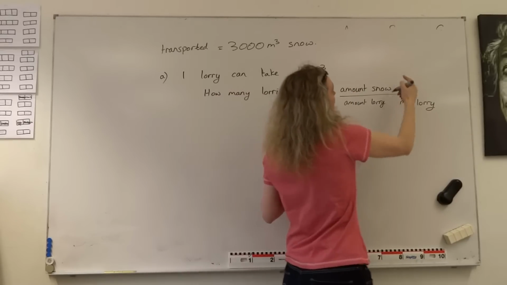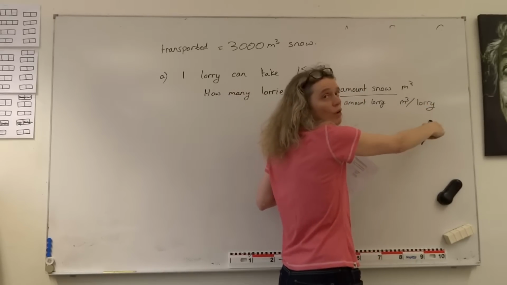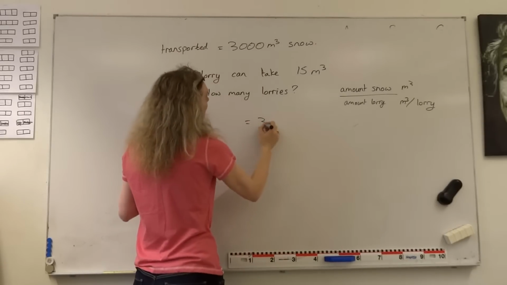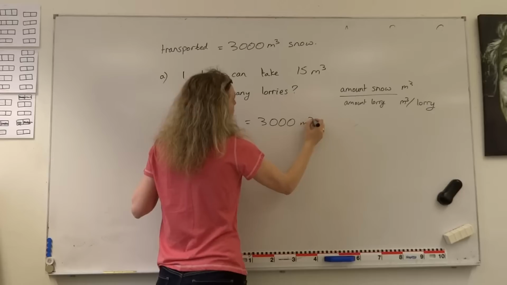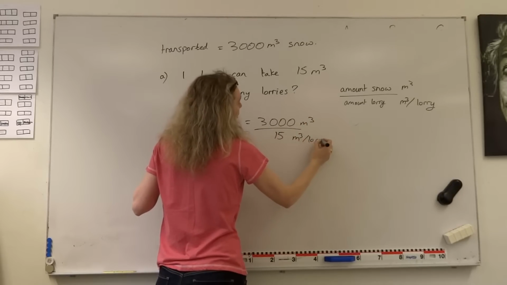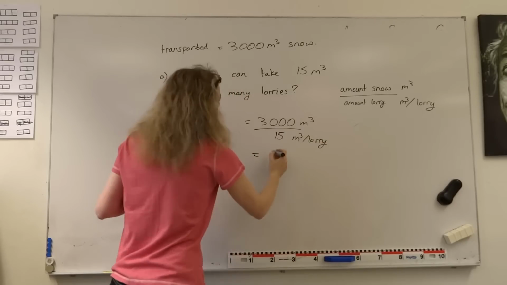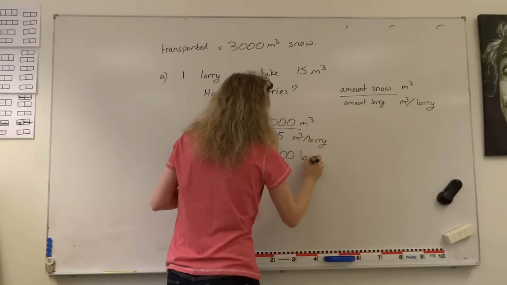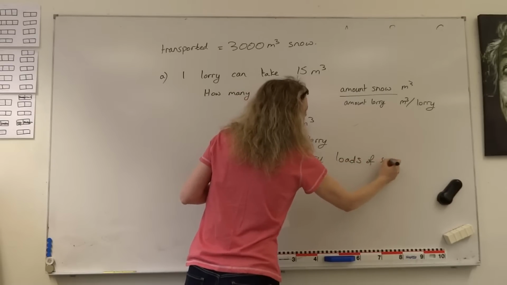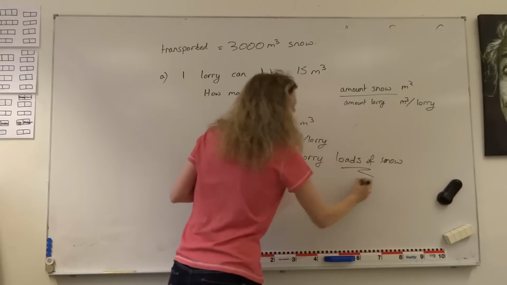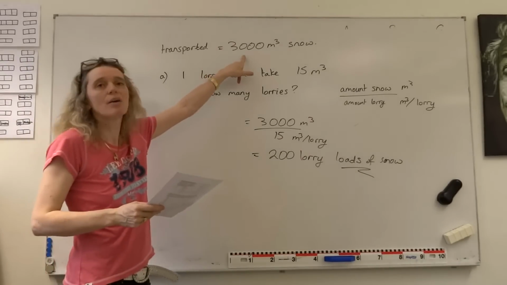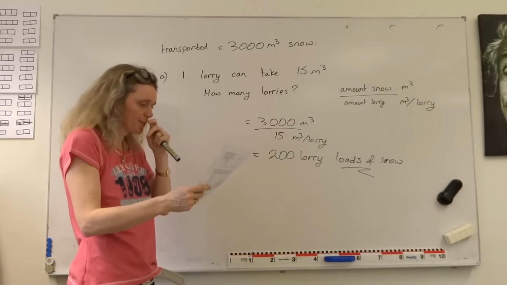The meters cubed cancel and we get 1 over 1 over lorry, so then you get the number of lorries. So we need to calculate 3,000 meters cubed divided by 15 meters cubed per lorry, which will give us 200 lorry loads. So 200 lorry loads of snow is what you'd need to get 3,000 cubic meters along the track.